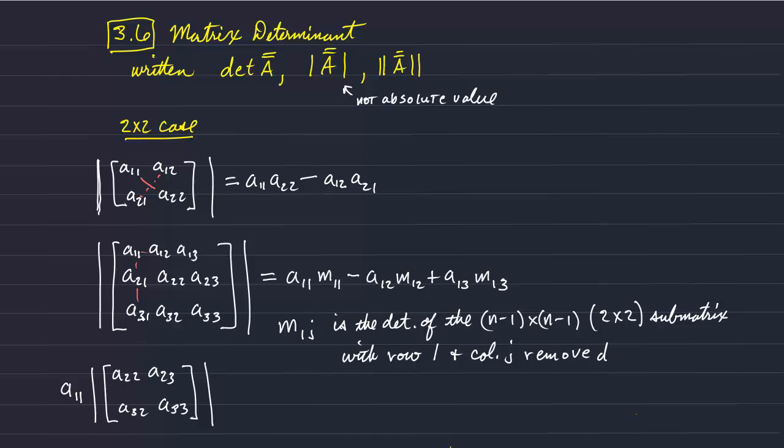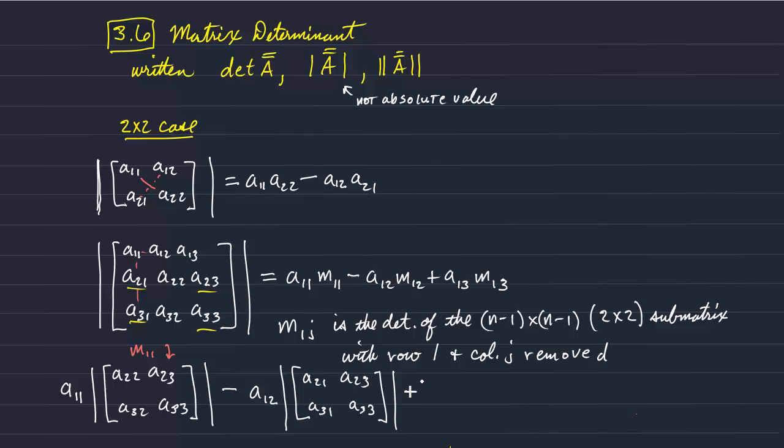So this is M11. Okay, and then we subtract the product of A12 times the determinant of the same submatrix when the first row and the second column are removed. So in that case, we're left with these terms, and that submatrix is A21, A23, A31, A33.